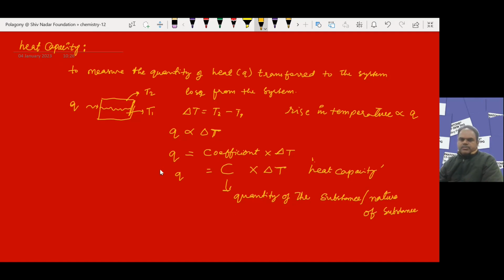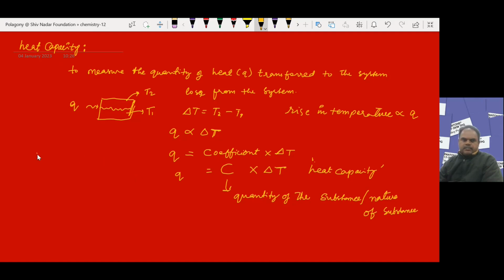So there is a relationship between the quantity of the substance and heat capacity. For example, the more the heat capacity of the substance, the less the temperature increases. That means we must heat the substance for a long time to increase the temperature.